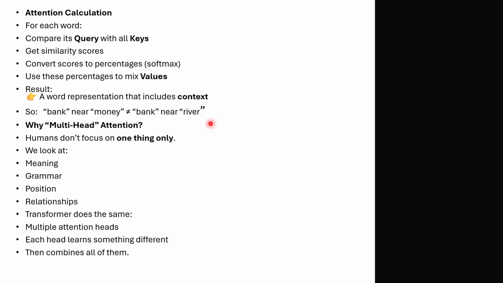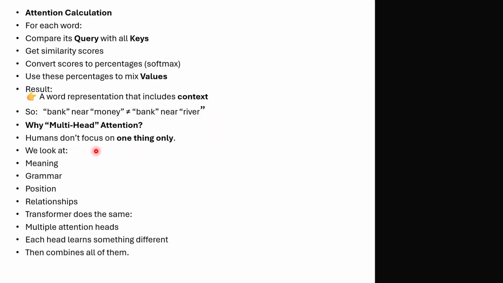Next we are learning why multi-head attention. Humans don't focus on one thing only. So what is meant by multi-head attention? Let's think about a human. Humans don't focus on one thing at a time.